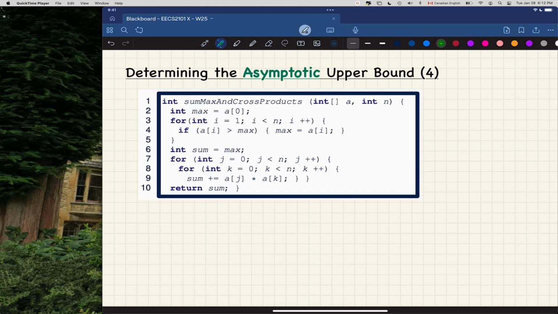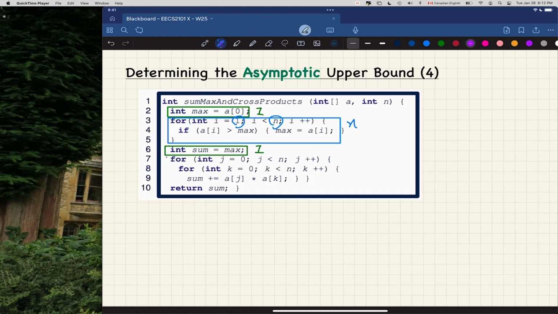Very quick. Line number 2 is just 1, just a constant operation. And then if you look at the first for loop, that one looks linear because the loop counter i will go from 1 all the way until maybe n minus 1, still n. And this one here is outside the loop, but that also is just 1.